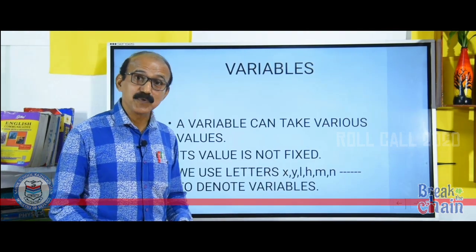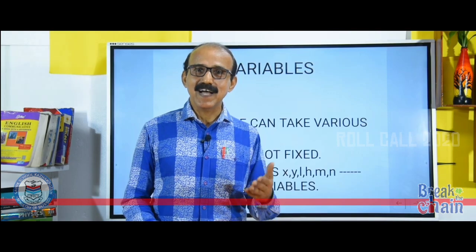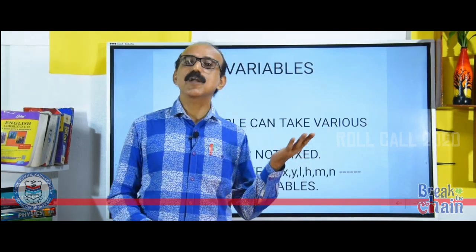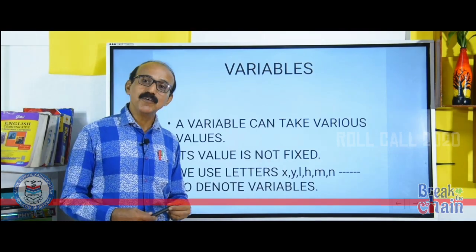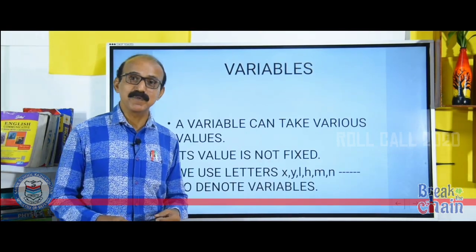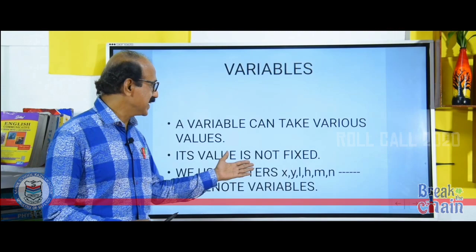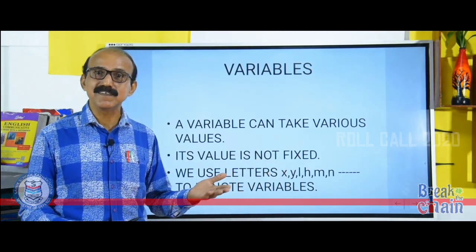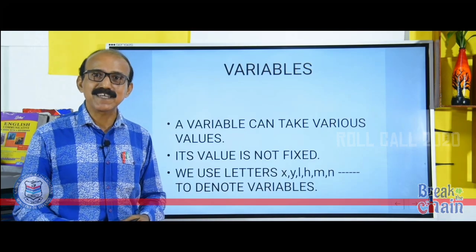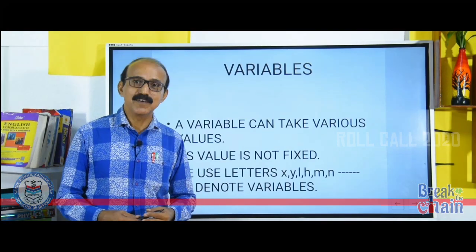We studied that to represent constants, we take numbers, as you all know, 1, 2, 3, etc. These are all constants. But in case of variables, we use small letters like x, y, l, h, m, n, a, b, c. Any one of the alphabets can be used to represent a variable.